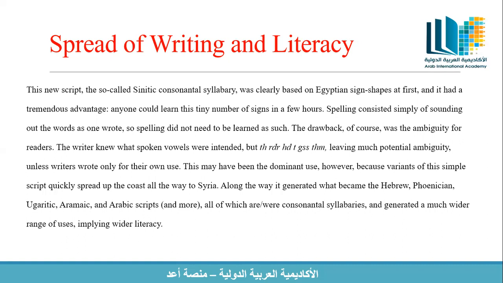However, variants of the simple script quickly spread up the coast all the way to Syria. Along the way, it generated what became the Hebrew, Phoenician, Ugaritic, Aramaic, and Arabic scripts and more, all of which are or were consonantal syllabaries and generated a much wider range of uses, implying wider literacy.